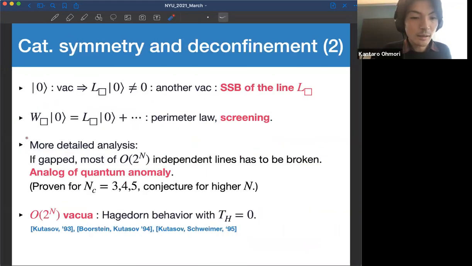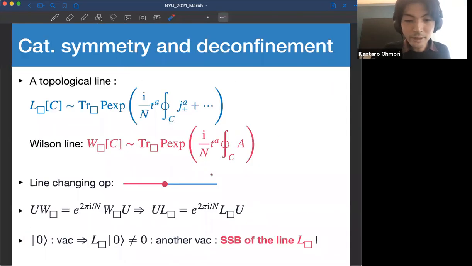Okay, and further we can say that it's consistent to think that the Wilson line acting on this vacuum starts from this other vacuum plus an excited state, and that implies the screening. And in very rough terms, we can say that screening is due to this line changing operator, and not by the fermion.